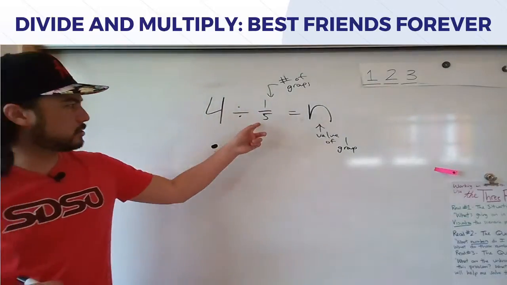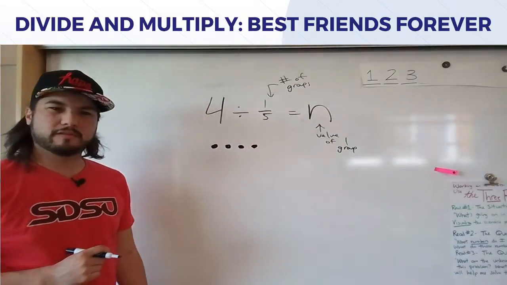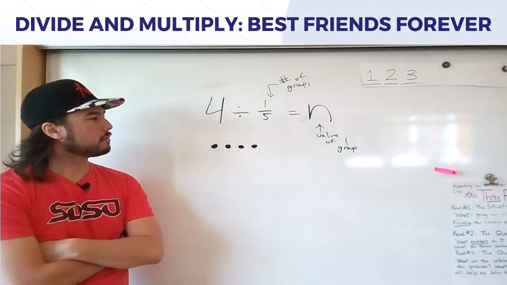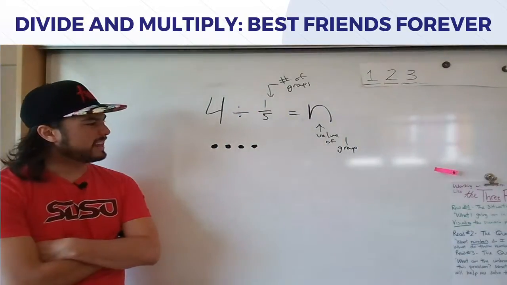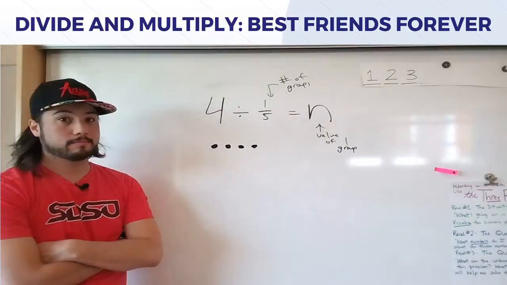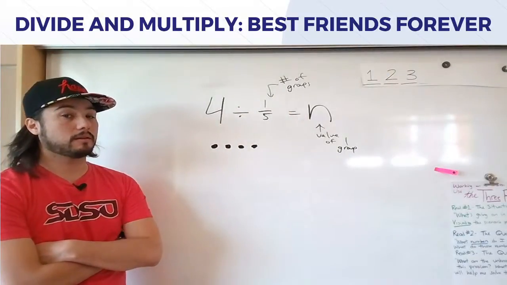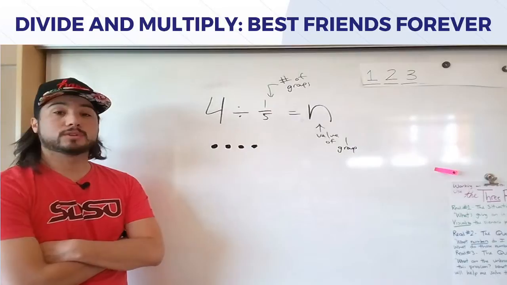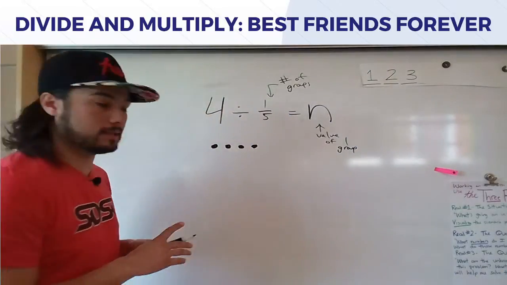Now we're dividing this into 1/5 of a group, and n is the value of one group. Conceptually, that gets a little confusing, which is why we're going to go more in depth into this tomorrow.